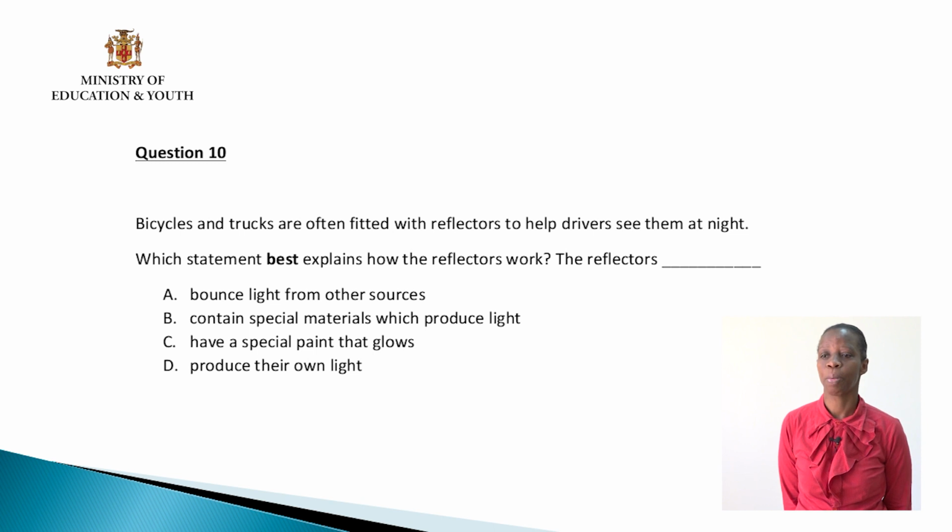Do they have a special paint that glows? Do they produce their own light? How do they work, really? Okay, look at our options and choose the best one, the statement that best explains how they work. All right, let's see if you got the answer that I have.